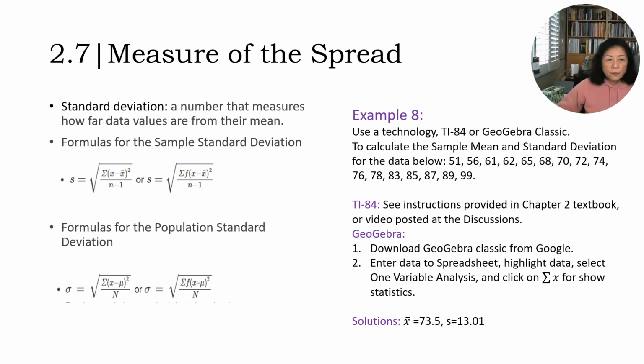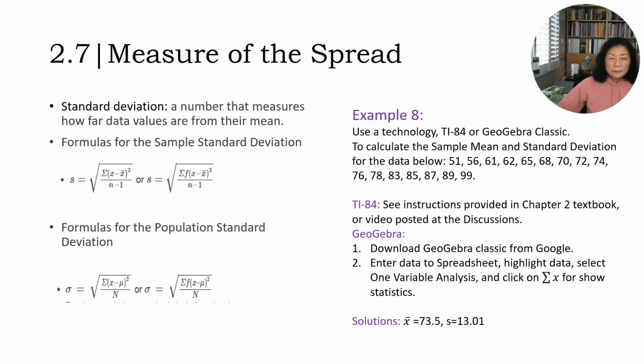The left-hand side is the formula for a set of population data. And look at the mean, we use mu, right? This notation is for the population mean. The concept is still the same. Find the difference of each data value, how far away from the mean.